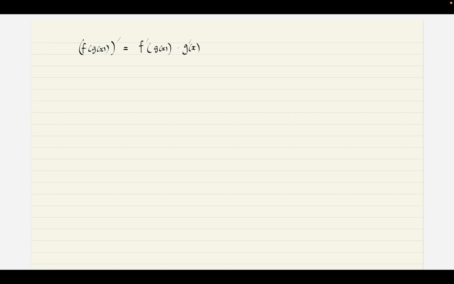So if I integrate both sides now, the integral of the right hand side, f prime of g of x times g prime of x dx, becomes equal to the integral of f after g of x prime dx.